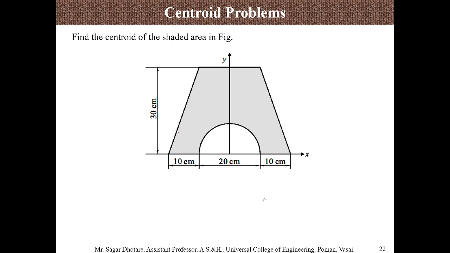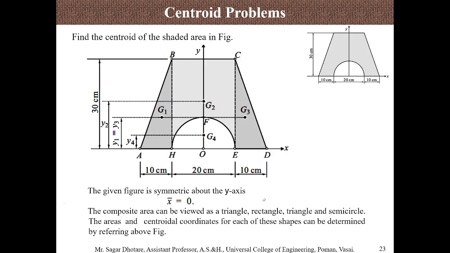Now we'll go forward and calculate the areas one by one. Initially, to identify the exact centroid location, we need to first check whether the geometry is symmetrical or not. This geometry is symmetrical about the y-axis, so all x coordinates are 0.